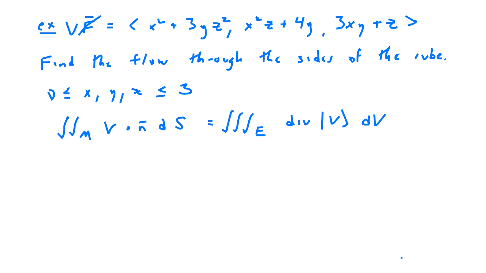That's why I used that, because otherwise it looks weird. So the second V here is for the volume. The V here is the velocity field. And here, m is equal to the boundary of the cube, so the 6 sides, and E is the solid cube.